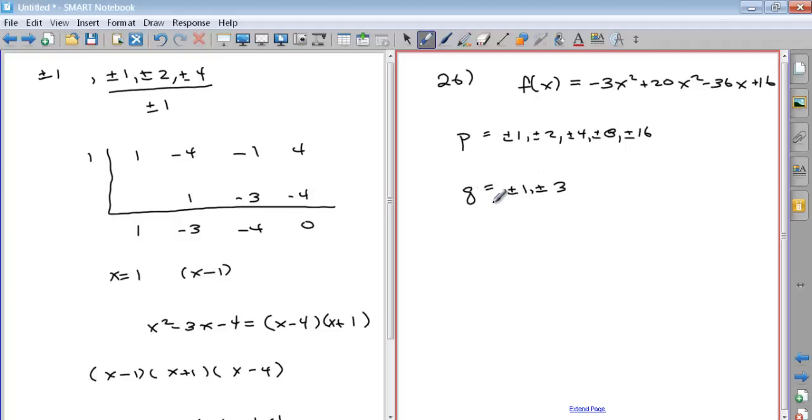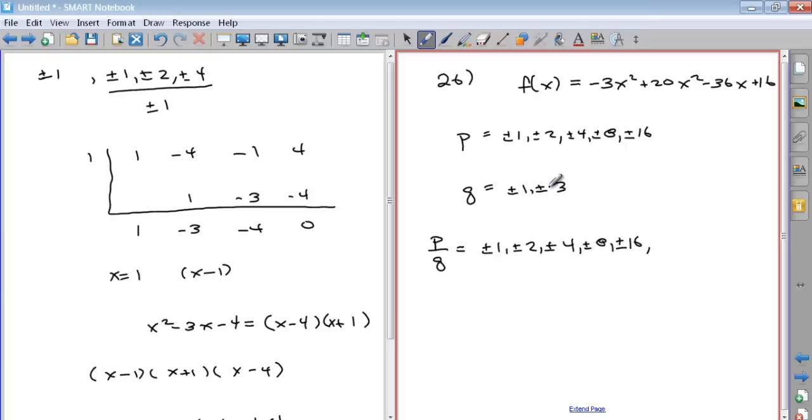And so the possible rational zeros, which is P over Q, are all these by themselves when you divide by 1. So you get plus or minus 1, 2, 4, 8, 16.